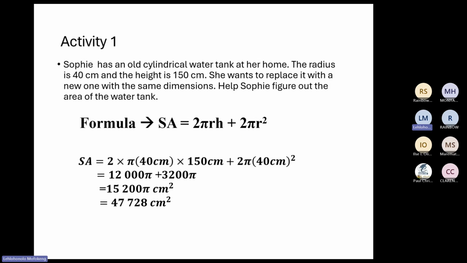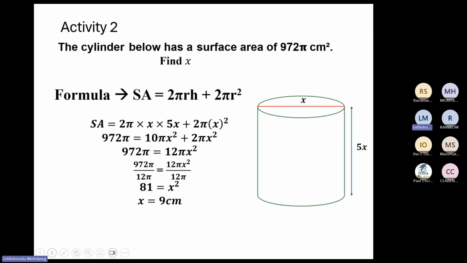And as you do the calculations, you'll get 47,728. Right, and then activity 2, the cylinder below has a surface area of 972 pi centimeters squared.